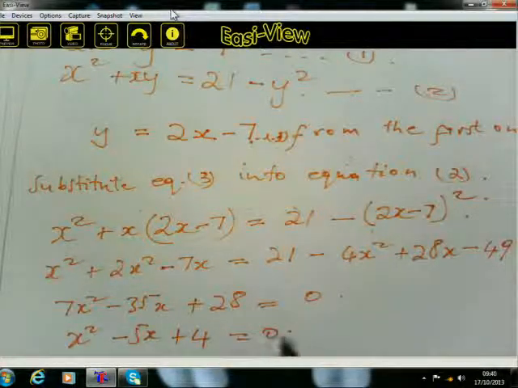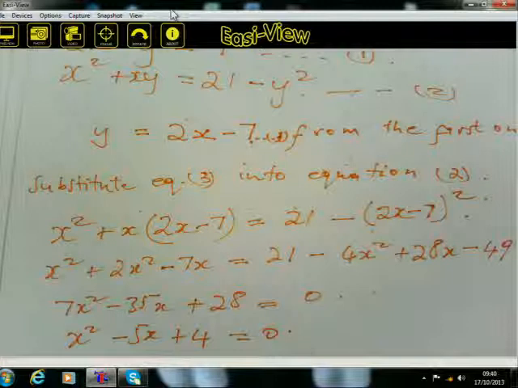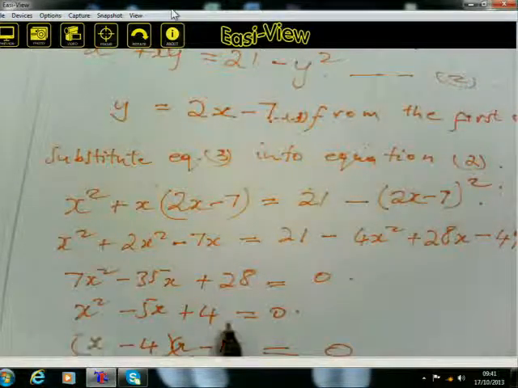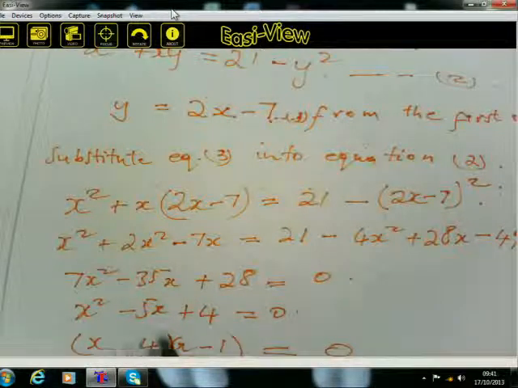And then taking out the common factor, dividing both sides by the common factor, we had x squared minus 5x plus 4, which is equal to 0. Now, what does that mean? It means if we factorize this, x squared minus 5x plus 4, it will be (x minus 4)(x minus 1).